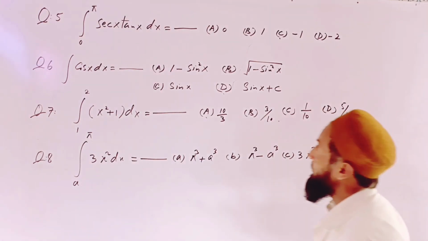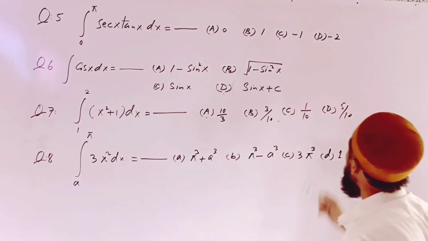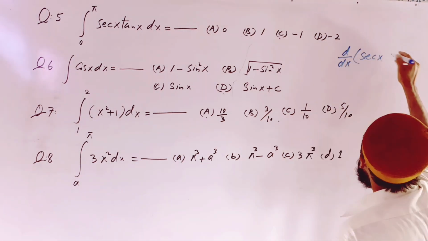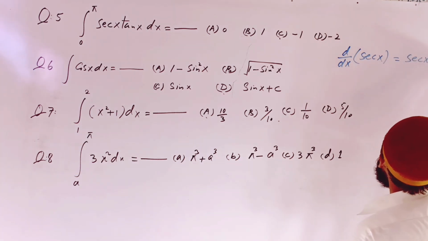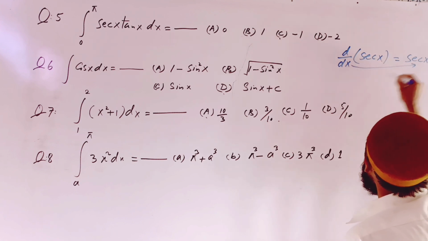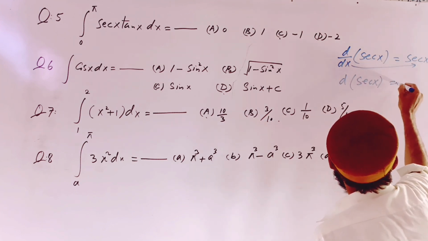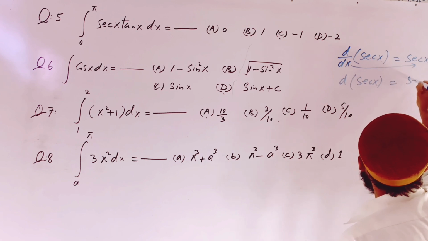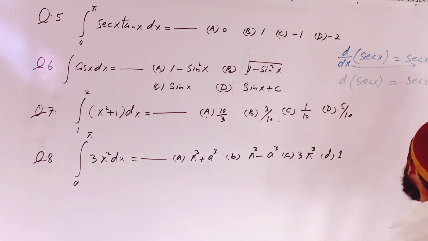Integration from 0 to pi of secant x tangent x dx is required. We know the formula: the derivative of secant x is equal to secant x tangent x dx.